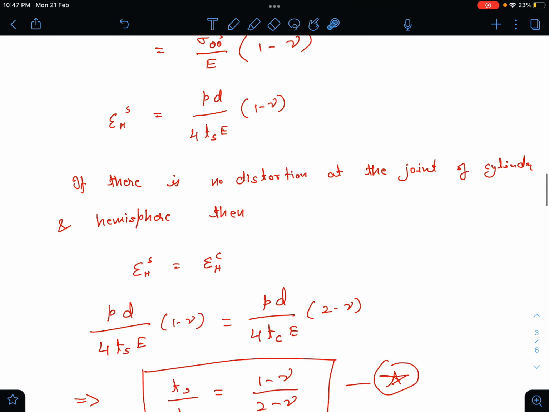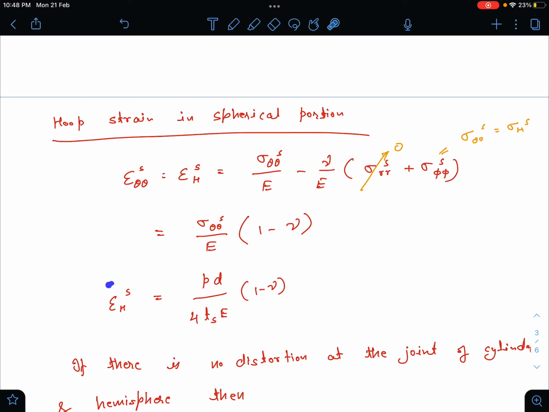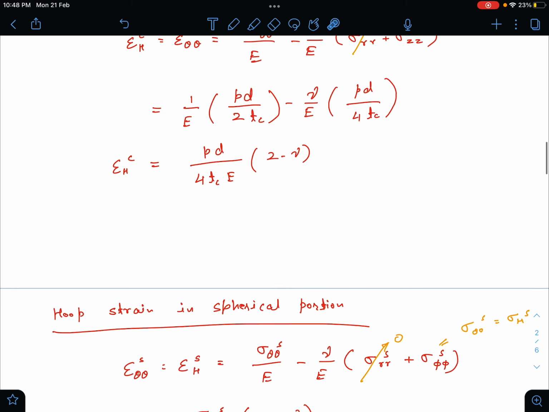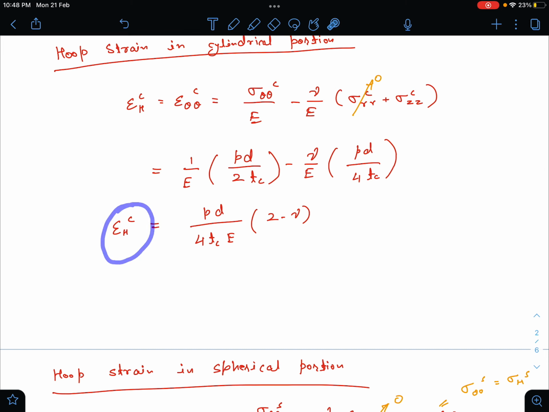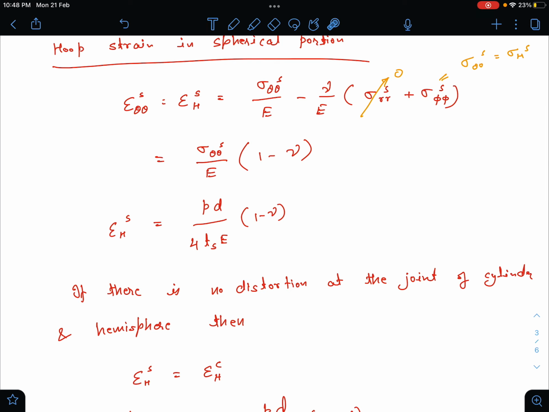Now what will happen if the hoop strain in sphere and hoop strain in cylinder are different? Then a vessel like this will become something like this, or it may become something like this.